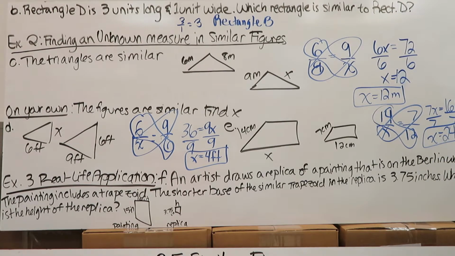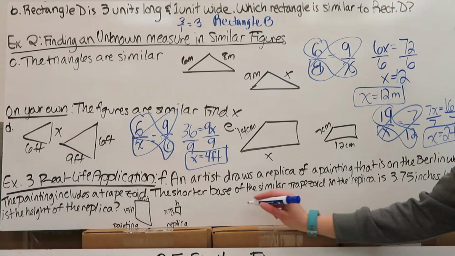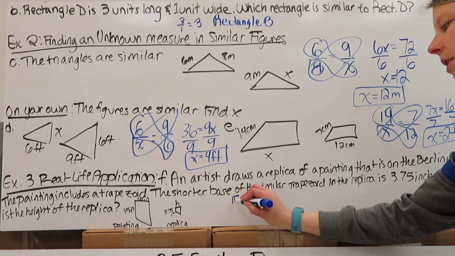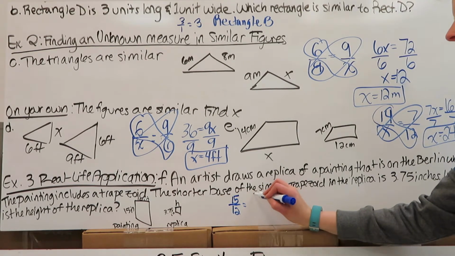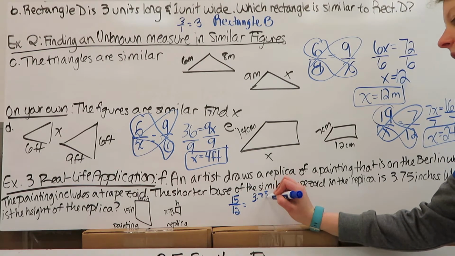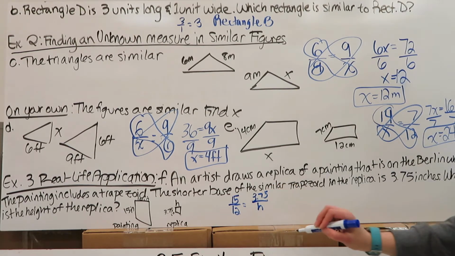All right, last problem, example 3, real life application. Letter F, an artist draws a replica of a painting that is on the Berlin Wall. The painting includes a trapezoid. The shorter base of the similar trapezoid in the replica is 3 7/500 inches. What is the height of the replica? So if we have 15 divided by 12, that corresponds to 3 7/500 divided by h.